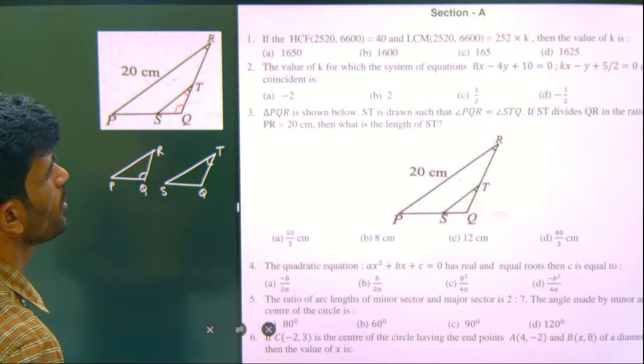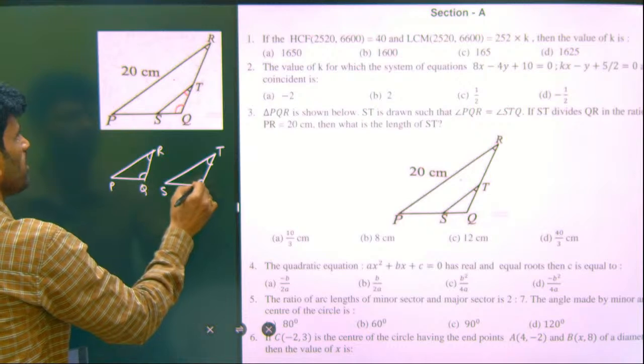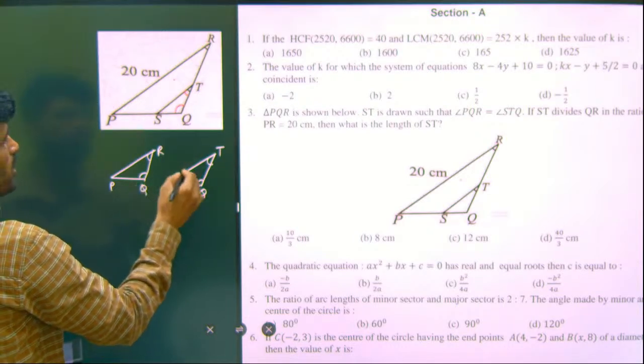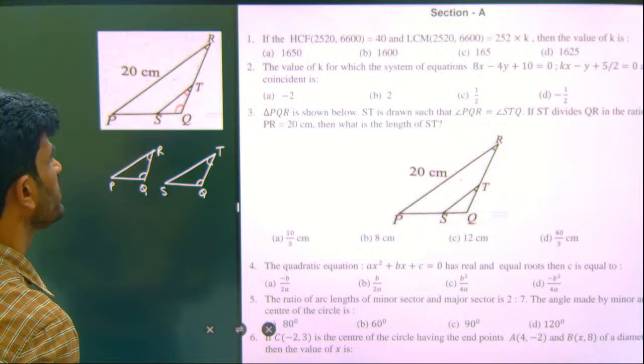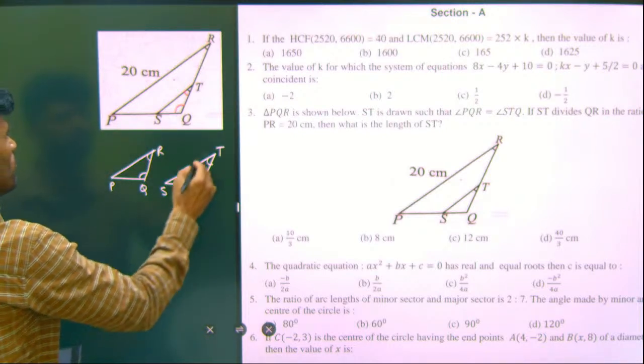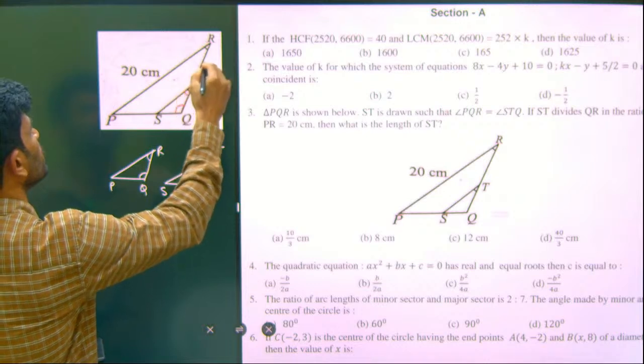ST divides QR in the ratio 2:3. So here these two are also equal according to the diagram. So we have to take the corresponding sides ratio now. ST divides QR in the ratio 2:3.